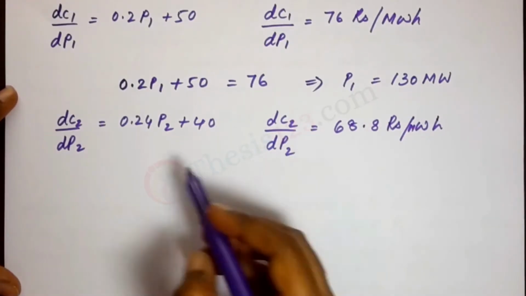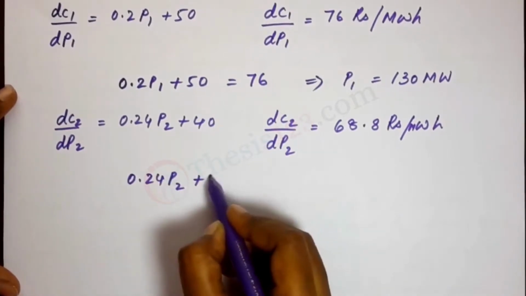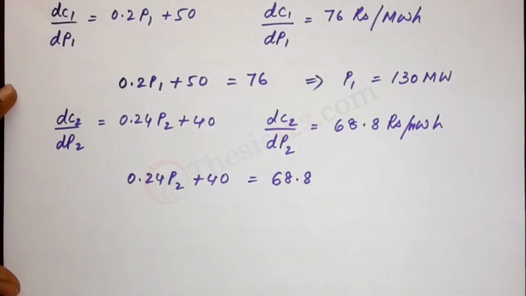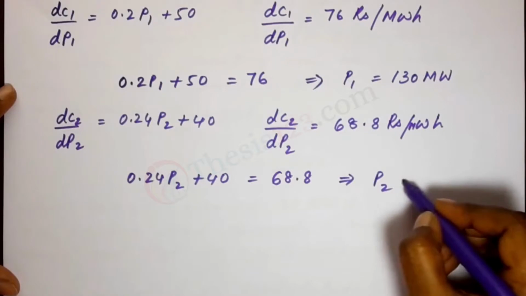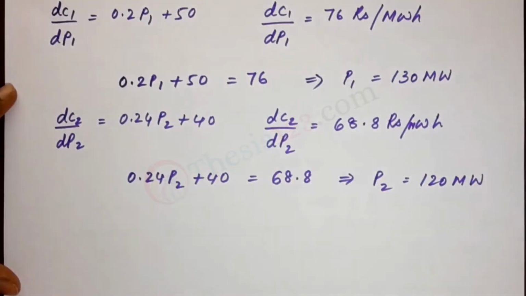Now we equate the two. 0.24 P2 plus 40 equals 68.8. Now solving this, you should get a value of P2 as 120 megawatts.